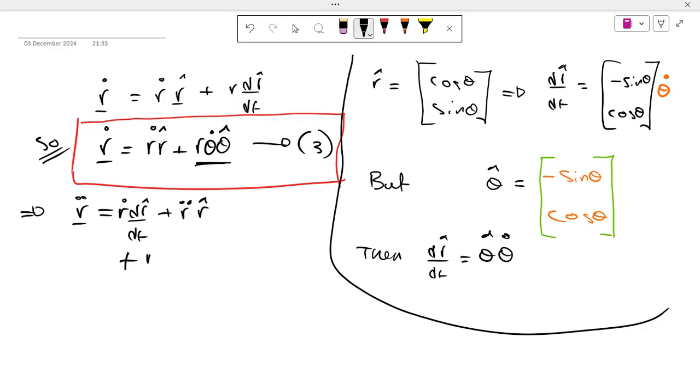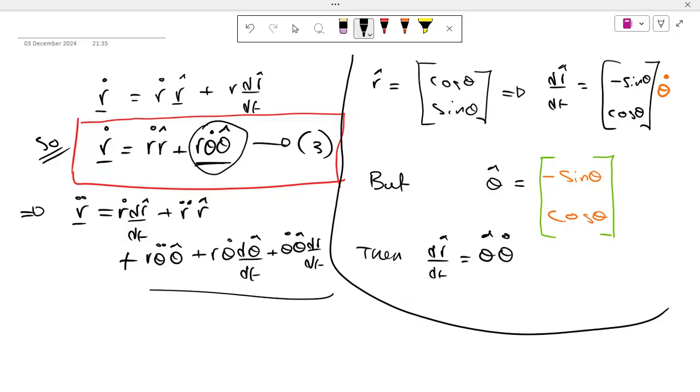So we've got r theta double dot theta hat plus r theta dot d theta hat by dt plus theta dot theta hat times dr by dt. So we've differentiated all of this by the product rule to get this, right? And we need to now tidy it up a little.